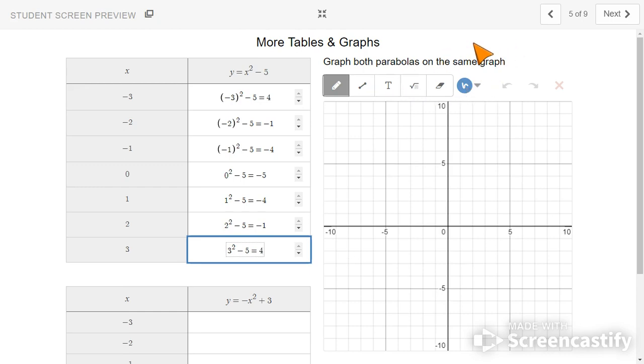Let's graph this onto our Cartesian plane. -3, +4. -2, -1. -1, -4. 0, -5. 1, -4. 2, -1, and finally 3, +4.